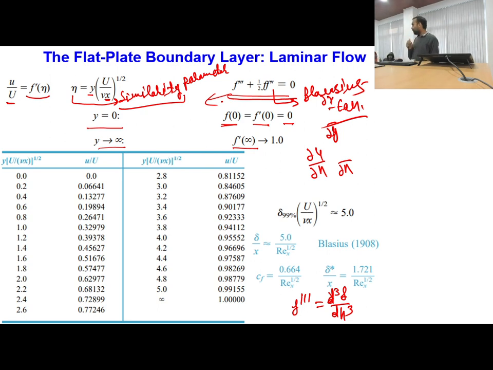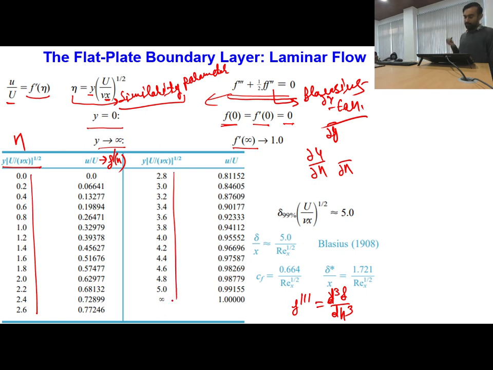If we apply numerical integration or the series solution, then we can construct this table. In this table, the first parameter is eta and the second parameter is u by U, which is nothing but f dash eta. You will find that when eta is equal to 5, u by U becomes 0.9915.